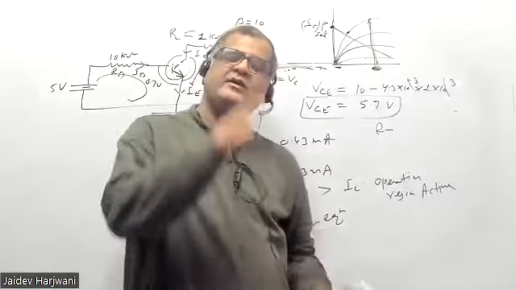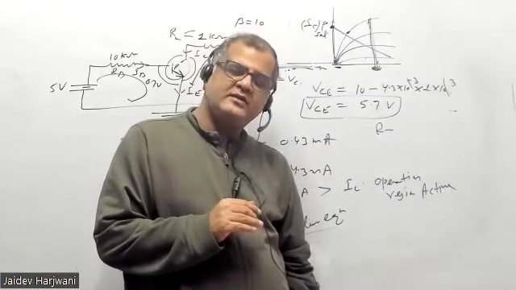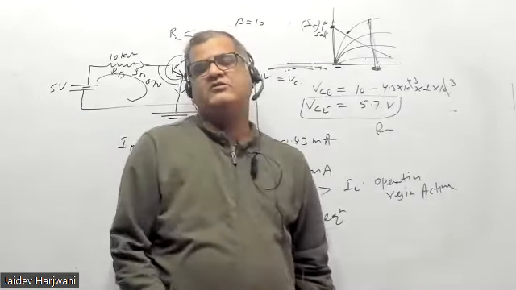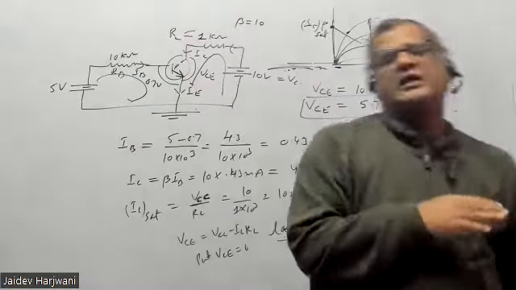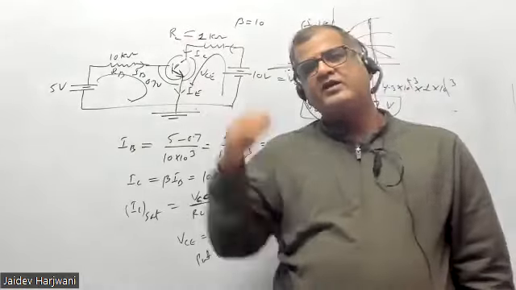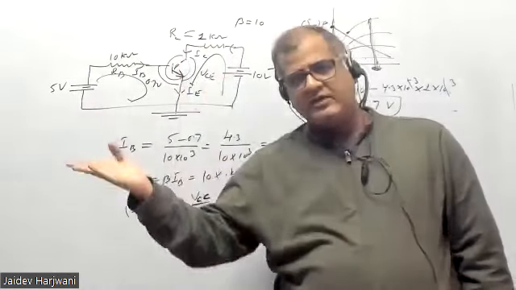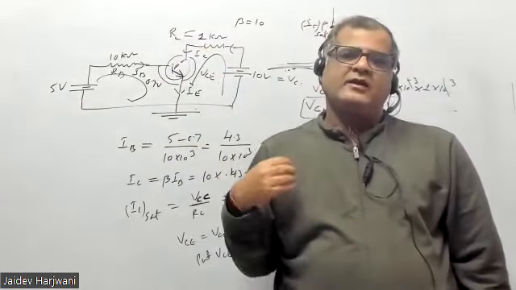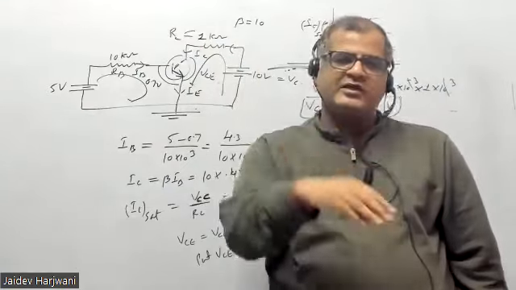So either it will be the active region, the saturation region, or the cutoff region. It can be active region but near to saturation region at the boundary, or active region but near to the boundary of the cutoff region.